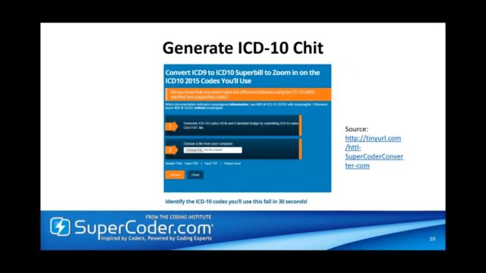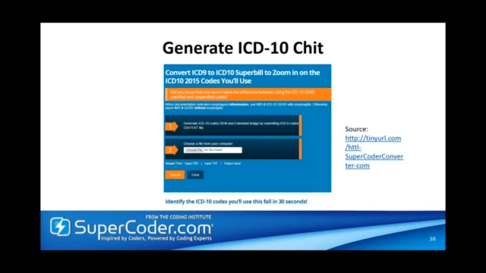Supercoder has a great tool that's free, where you can upload a CSV file, a comma delimited file, or a text file of your ICD-9 codes and generate your ICD-10 equivalents of those. That's a great starting point because you're taking all of your commonly used codes and now seeing where your impact is in ICD-10.